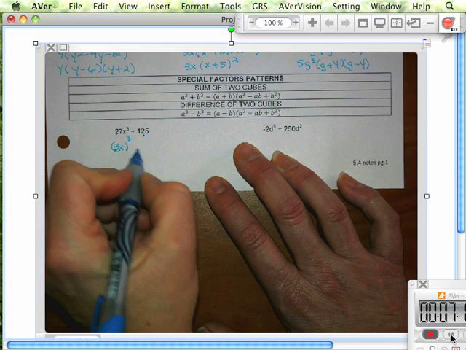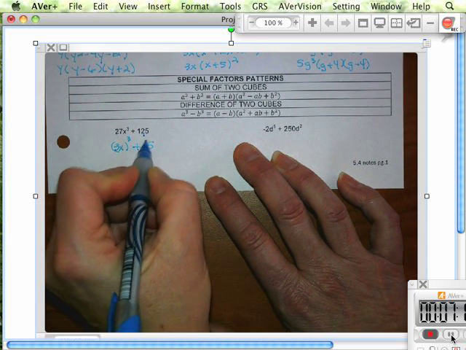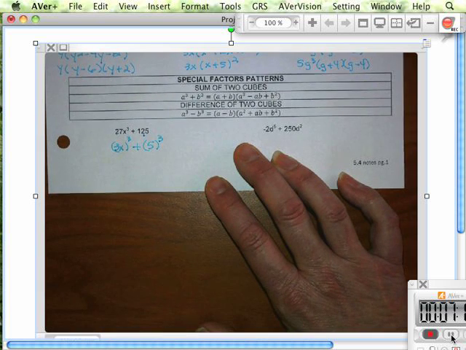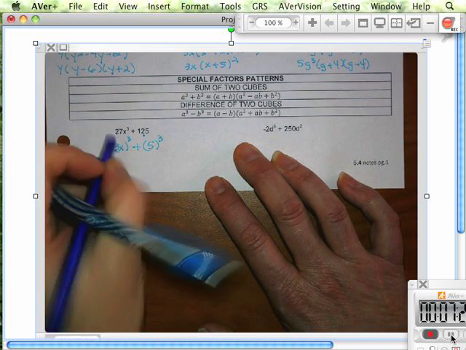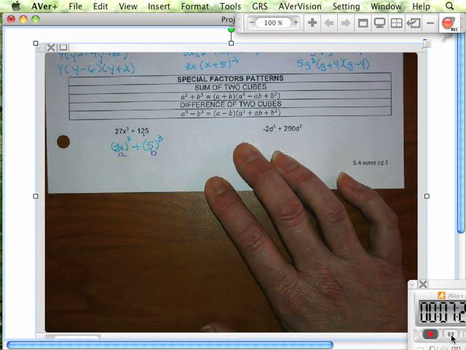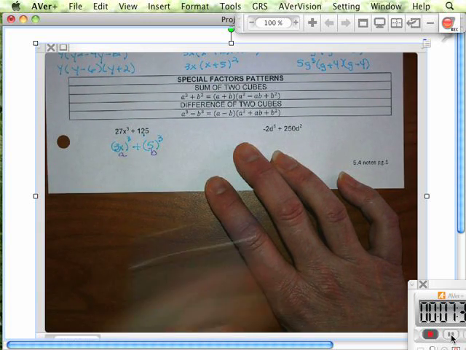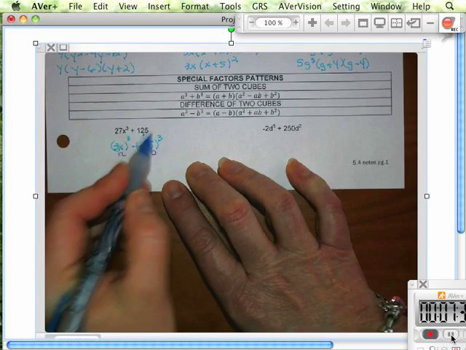Plus, the cube root of 125 is 5. So I'm going to write it like that. I just rewrote it. Now I know that this is A and this is B. So I can now use this special pattern to write out the factors of this polynomial.